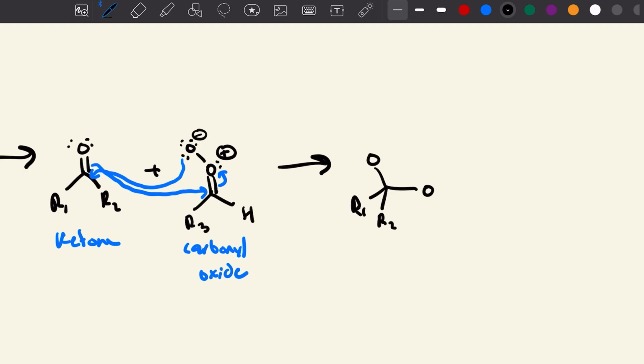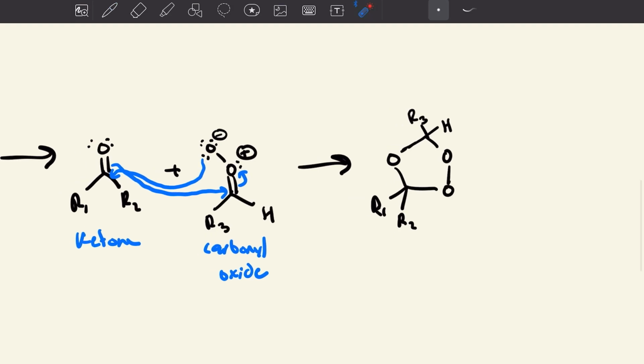And so this oxygen is attached to another oxygen, which is attached to a carbon, which has an H, R3, and this carbon is also attached to that oxygen because the pi bond electrons from the ketone attacked this carbon in the carbonyl oxide.